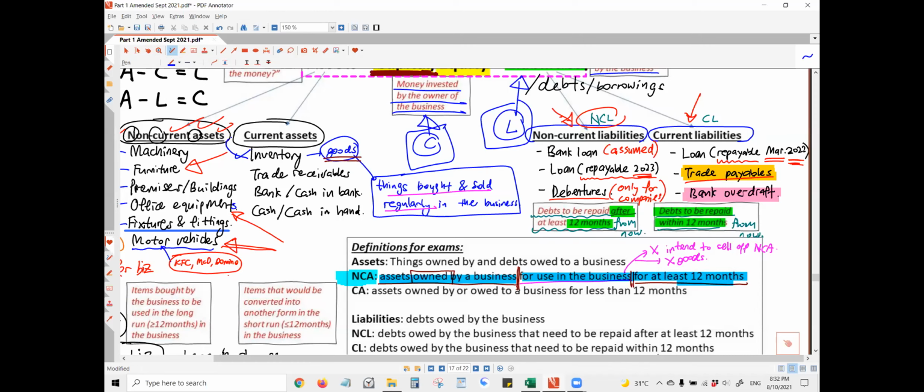Now a question to you. Imagine that you are running a 7-Eleven. Would the level of your goods, meaning how much goods you have, stay constant throughout the year? That means at any point of time, your level of goods stays the same.